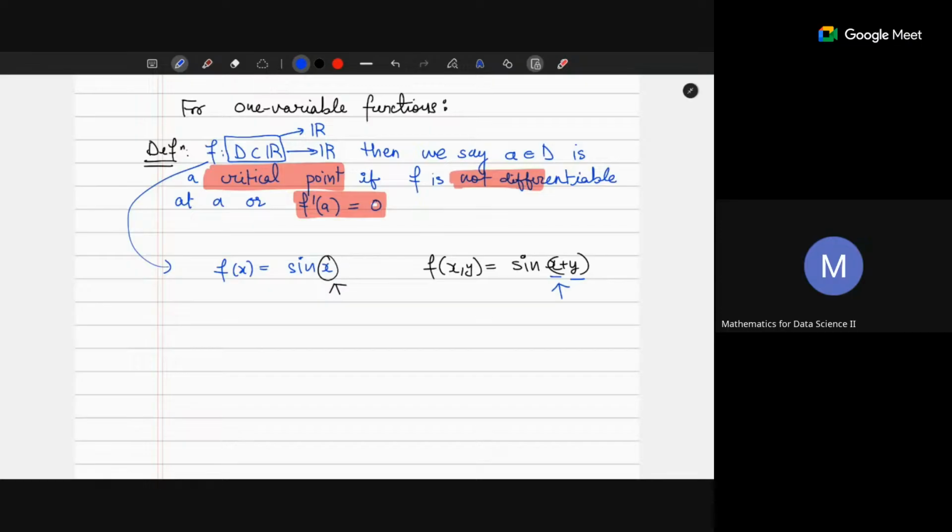Functions whose domain is more than one dimension are called multivariable functions. For example, in this case, the domain is R2, which is a two-dimensional space, so it is called a two-variable function. Is that fine?